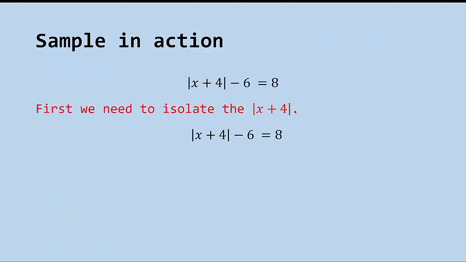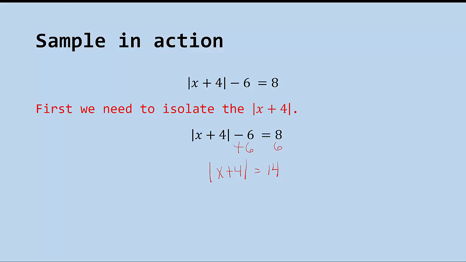In order to solve this absolute value equation, we need to isolate the absolute value of x plus 4. To do that, we're going to move our negative 6 over to the right. Let's go ahead and add 6 to both sides. We now have the absolute value of x plus 4 is equal to 14.